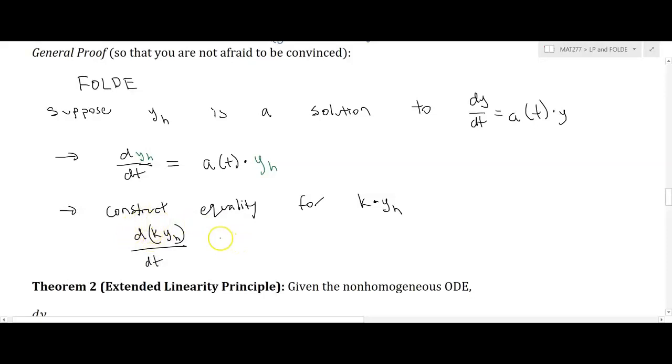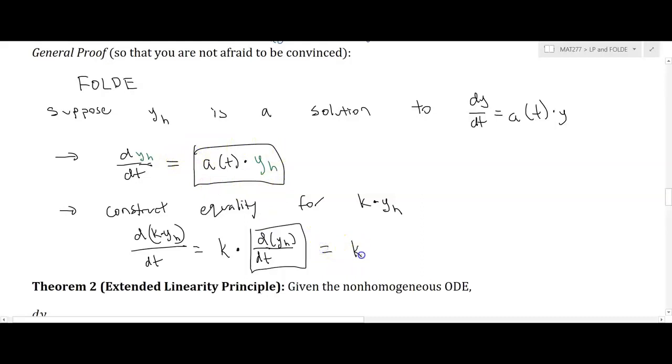Now this is literally another way you could write dy dt, it's the derivative of this function with respect to t. So if I have the derivative of a constant multiple of something, that means I can factor it out. So k times the derivative with respect to t of y sub h. And now I know that the derivative of y sub h with respect to t, by equality, is equal to a of t times y sub h. So this leaves me with k times a of t times y sub h.